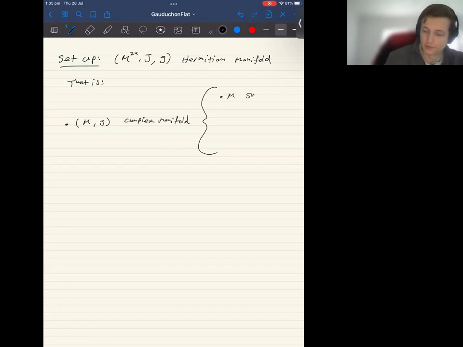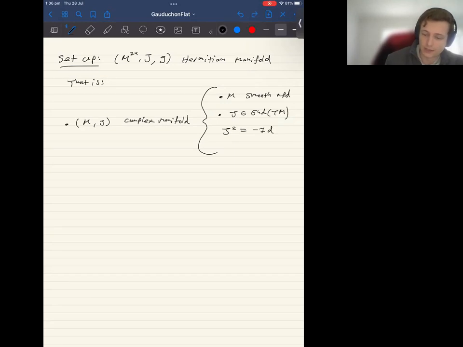M is just a smooth manifold. In fact, it will be real analytic by Newlander-Nirenberg. So M is a smooth manifold a priori, and then we have some endomorphism J. Okay, so this maps tangent space to tangent space. Think of it as a matrix if you want. And it squares to minus the identity. Okay, so this plays the role of a complex structure.